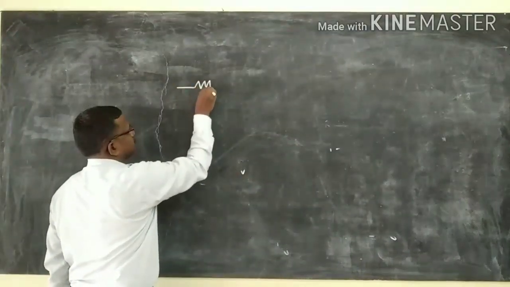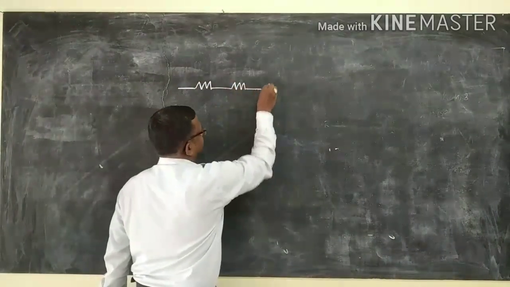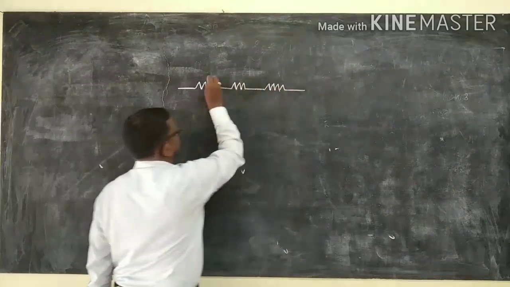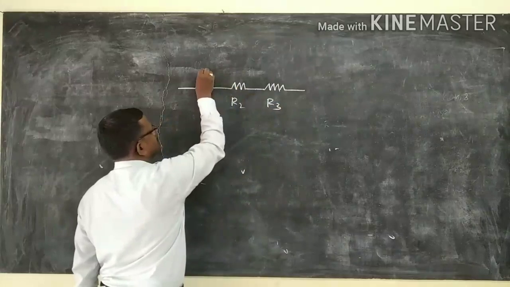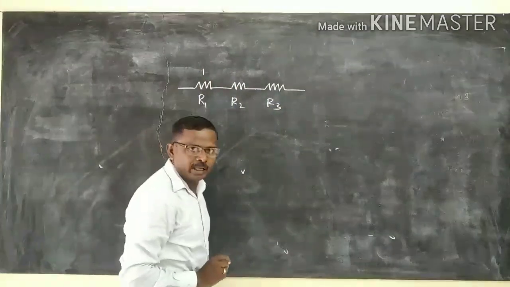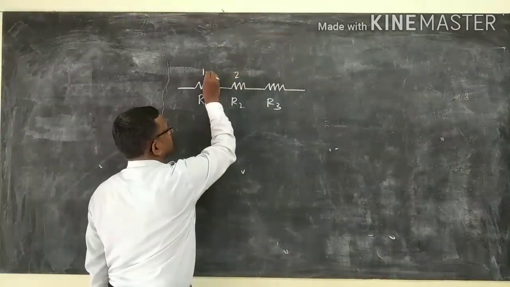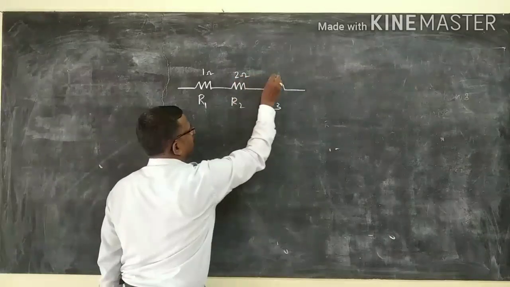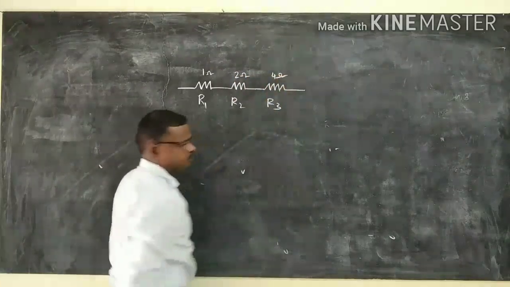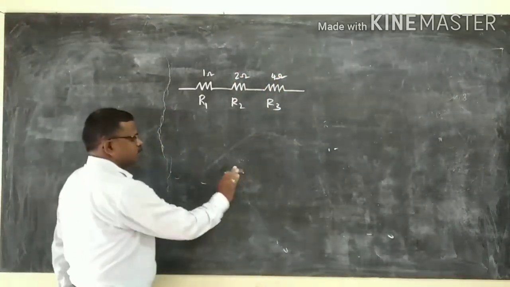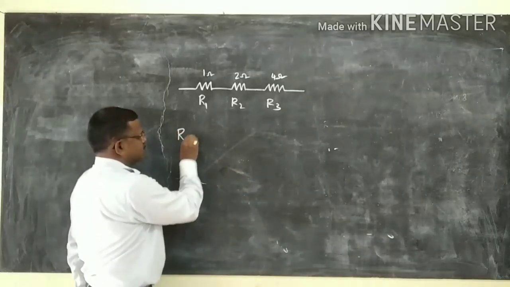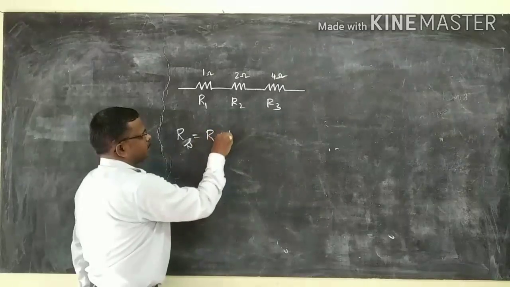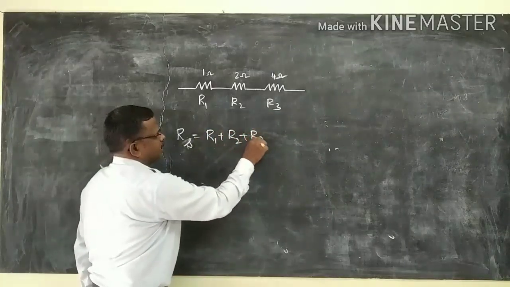Now I take 3 resistors R1, R2, R3 having values 1 ohm, 2 ohm and 4 ohm. According to series connection, R in series is equal to R1 plus R2 plus R3.